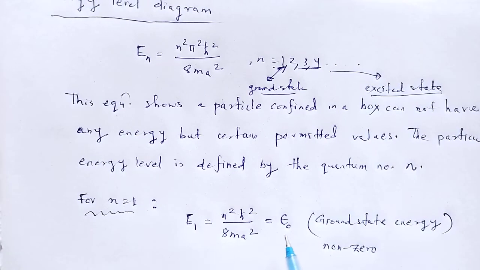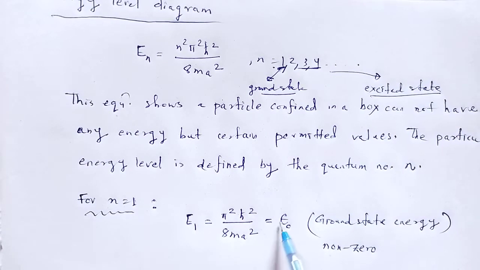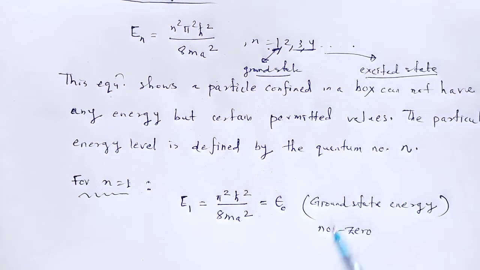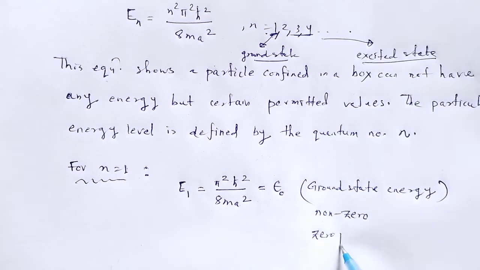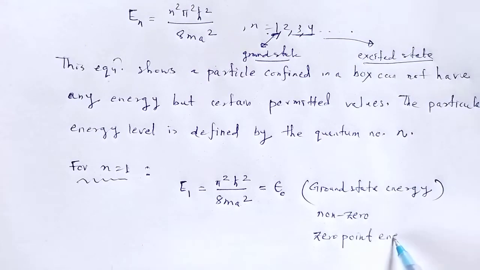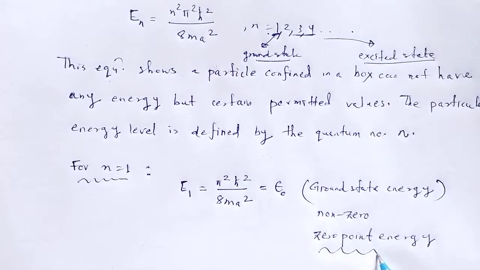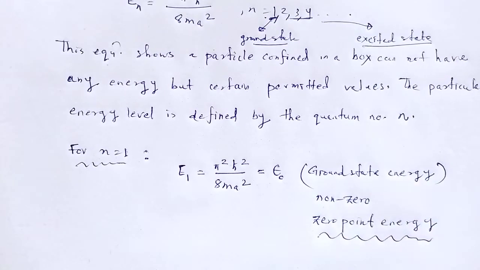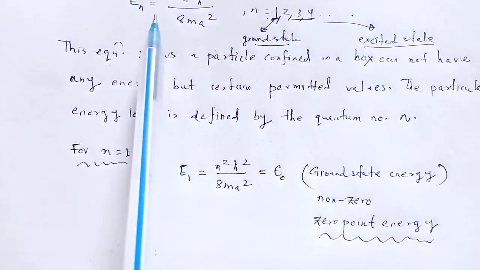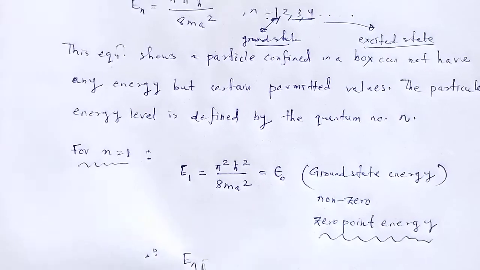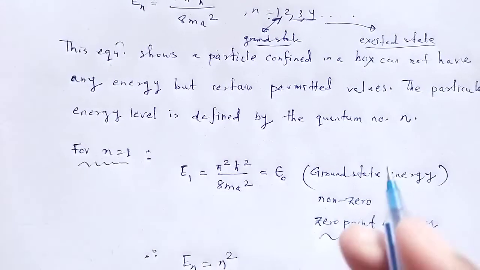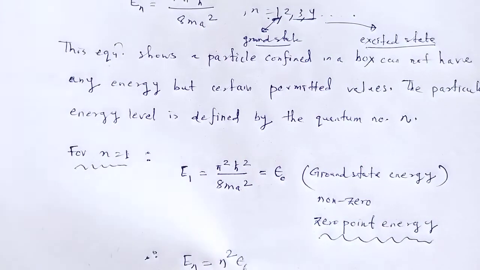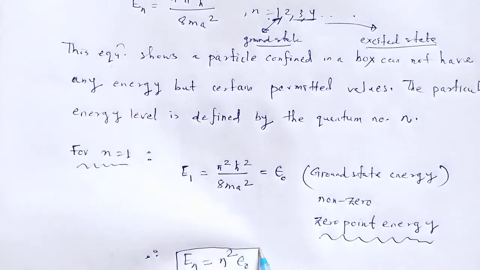There will be some value that is not zero, and this energy level is called the zero point energy. Therefore, En can be written as n square times epsilon naught, the ground state or zero point energy.